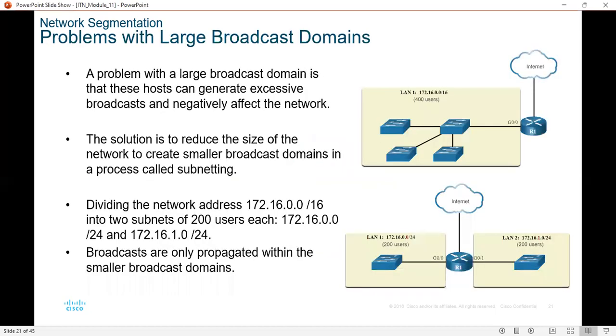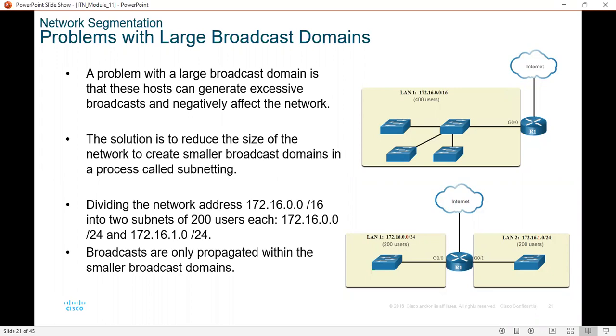So what is the problem with a large broadcast domain? We were talking about subnetting the other time. Just imagine classful addressing. Imagine you design a network that can accommodate 2,000 hosts, but you only need maybe 3 hosts in that network.